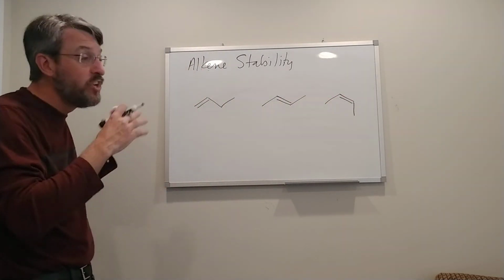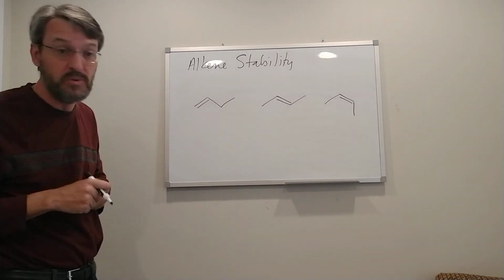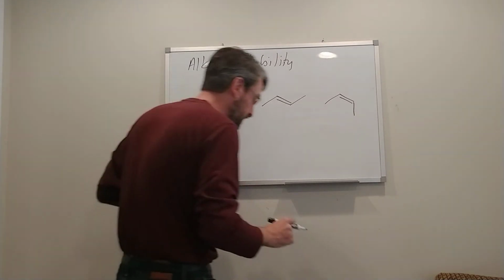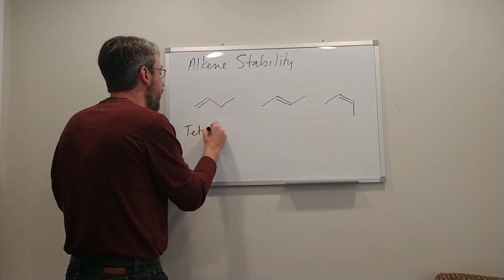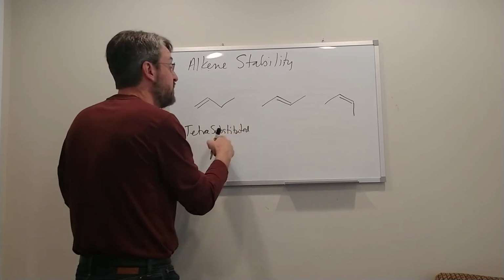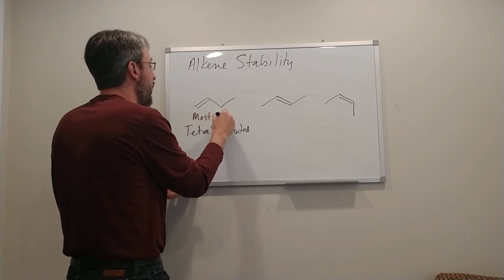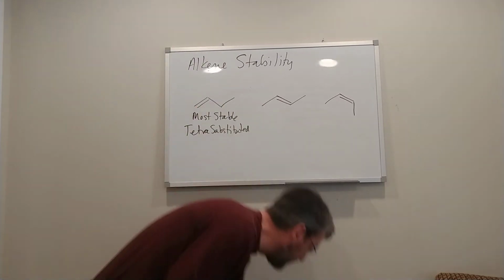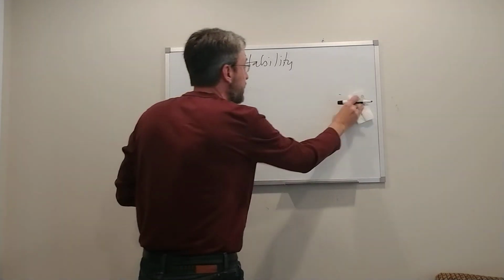So if you did hundreds and hundreds of reactions like this, and these have all been done, we're not going to do them, you come up with the following, okay? Tetra-substituted is the most stable. And I suppose I should erase my alkenes here because that one is most definitely not tetra-substituted.